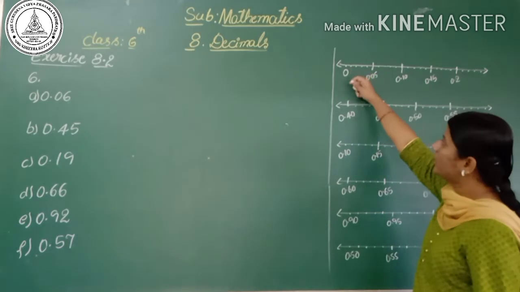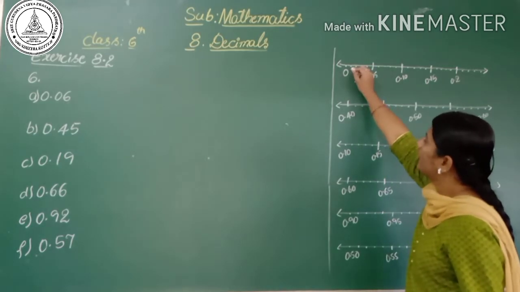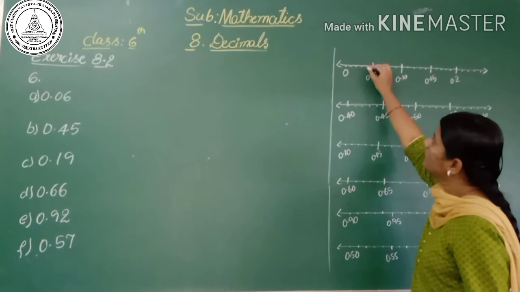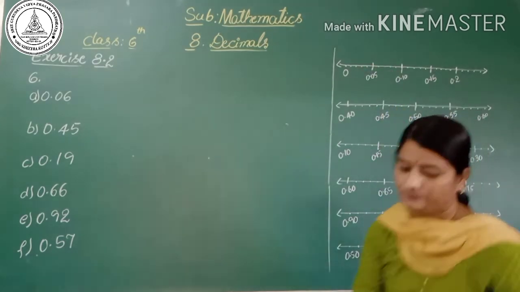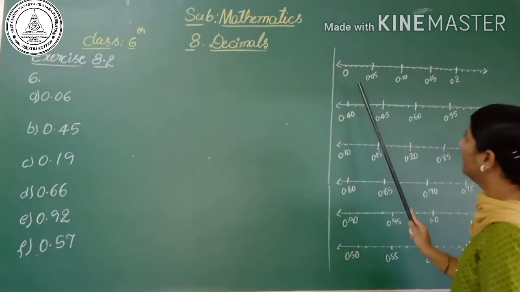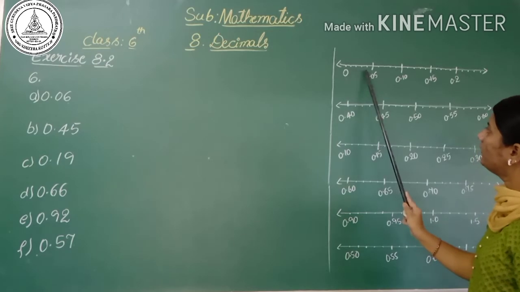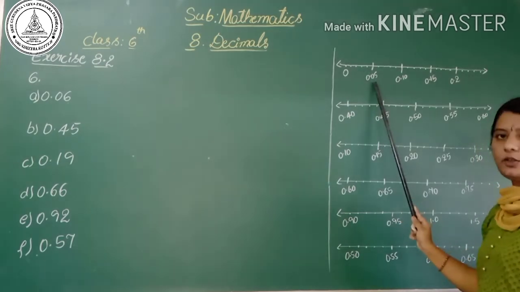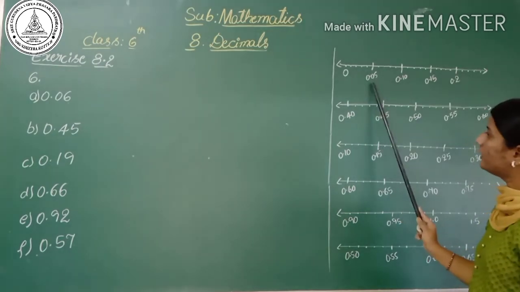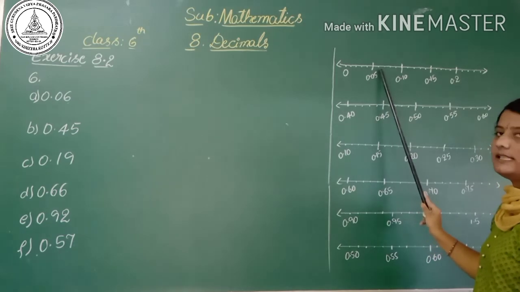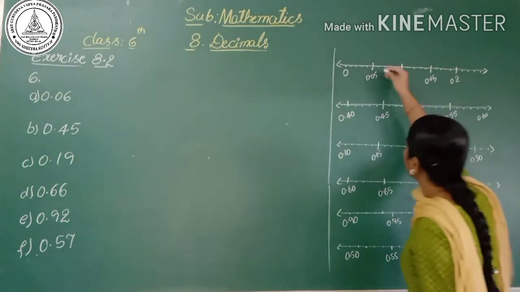You may count 0.01, 0.02, 0.03, 0.04 and 0.05. So after 0.05 comes 0.06.